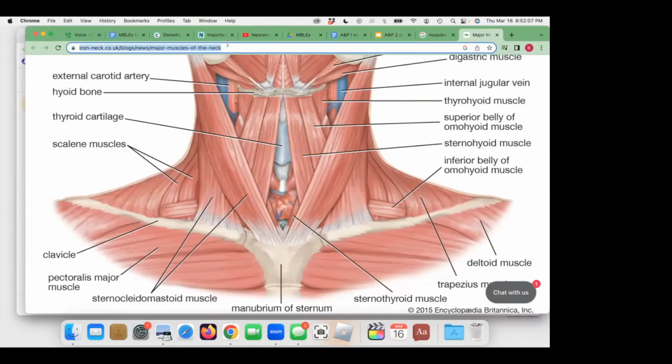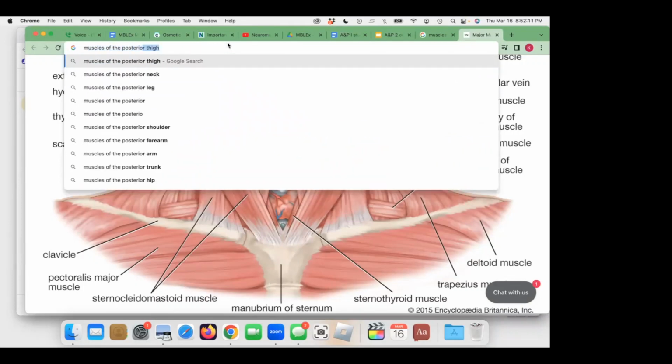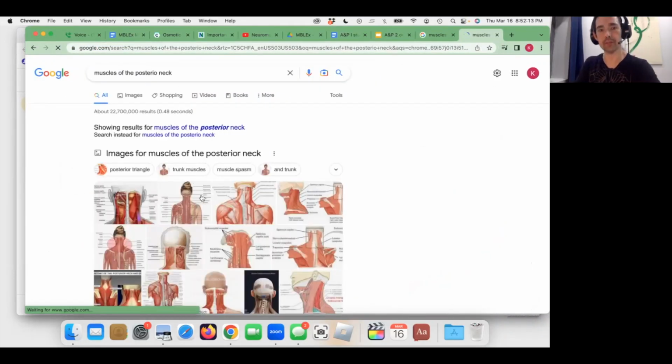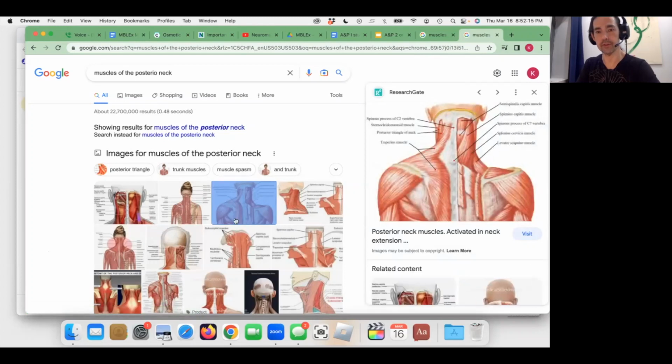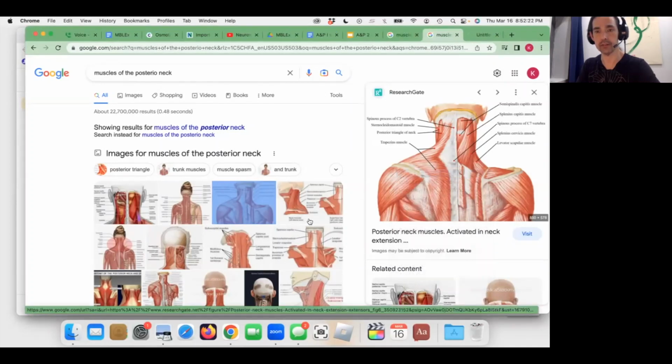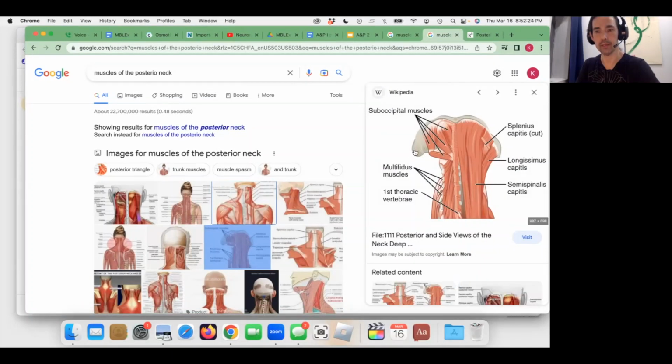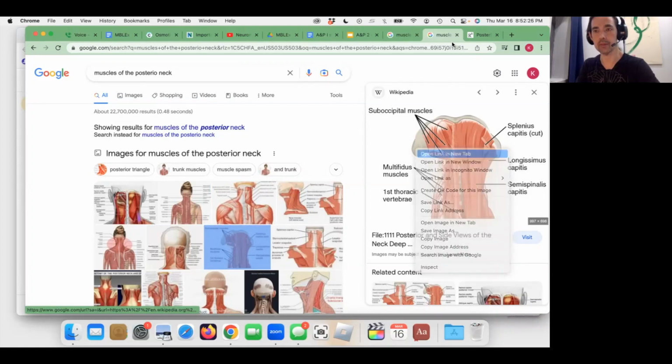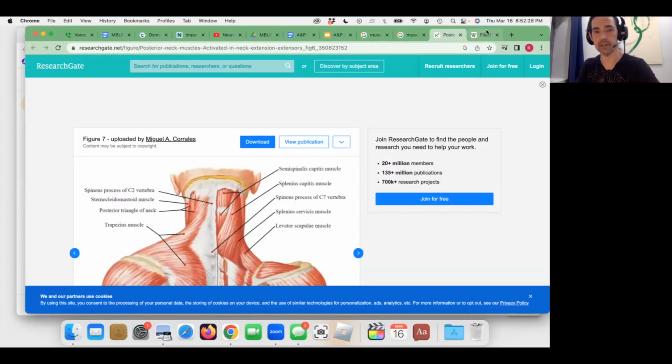So let's take a look at the muscles of the back and the neck. What we see are that there are layers, right? There's a shallow, a medium, and deep layers.